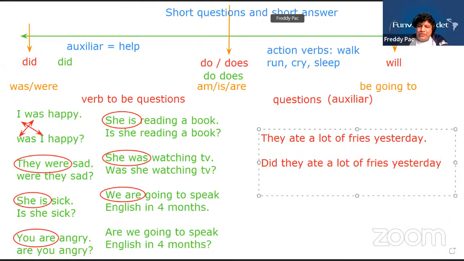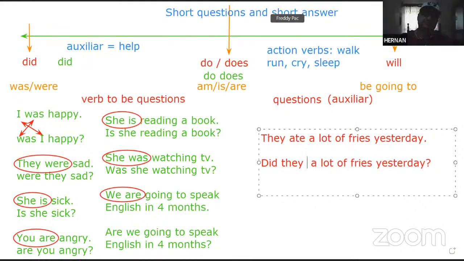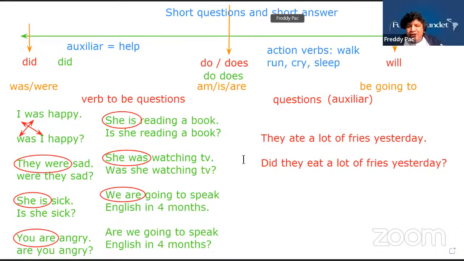We put the question mark and the verb has to be in base form. What is the present or the base form for ate? Eat. So I have my question. Did they eat a lot of fries yesterday? Basically, I am using the same principle.